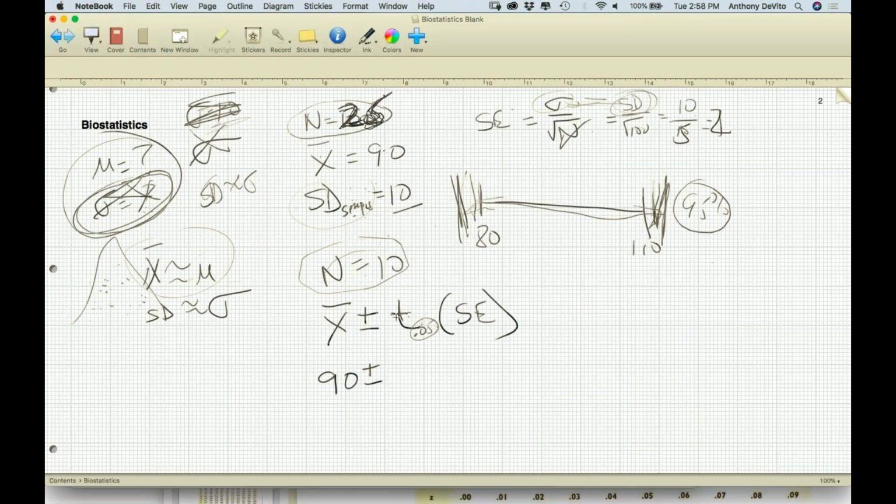So this is going to be plus or minus 2.064 times my standard error, which was 2. So it's 90 plus or minus 4.128.